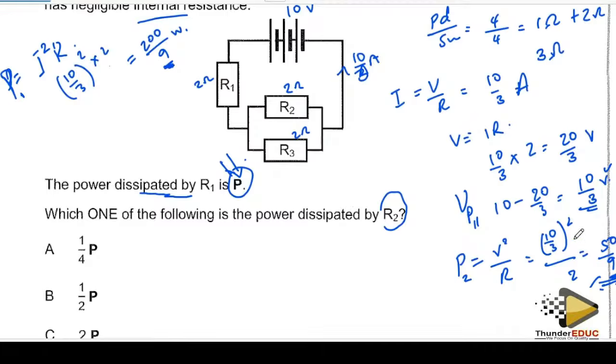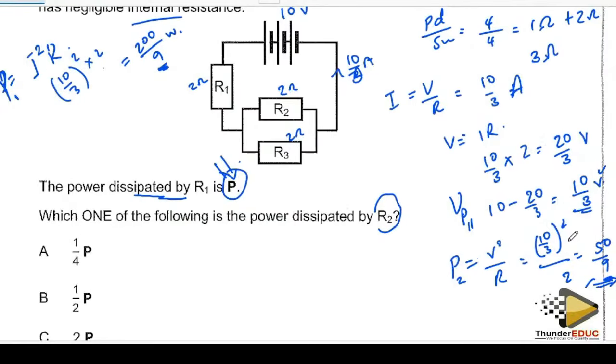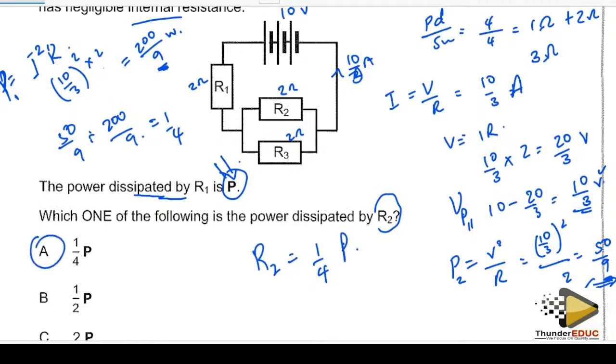So what I'm going to do is say, if I have 50/9, then I divide it by 200/9, I'm getting 1/4. So this R2 is a quarter of P, and the correct option is A.